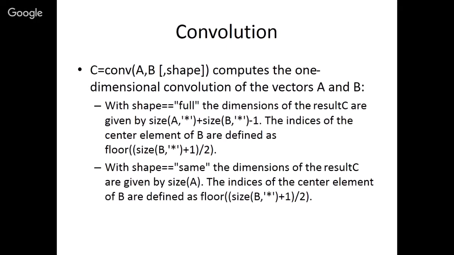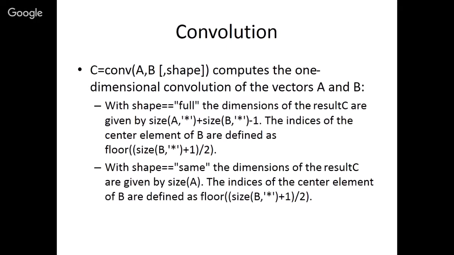It will not take the first 7 values from the beginning. It will take the center 7 values. It will automatically calculate the center 7 values and give you those, but the number of values is the same as the size of A. If the size of A was 7, it will give 7 values. If the size of A was 8, it will give 8 values.